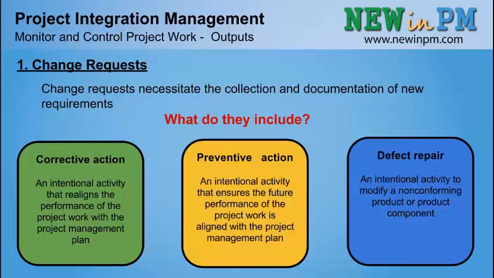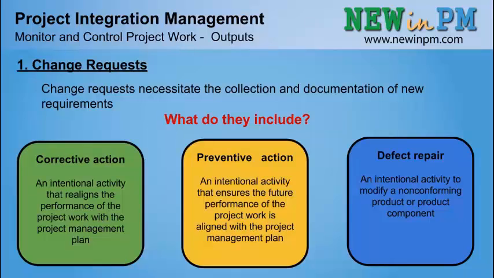The change requests basically arise as a result of comparing the planned result and the actual result. And based on this comparison, change requests may be issued to expand, adjust, or reduce the project scope, schedule, or cost baselines.